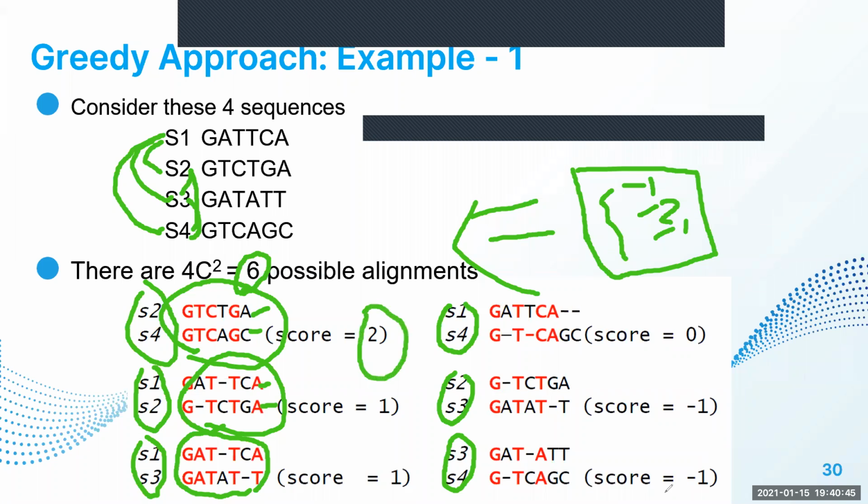You check this one, it has a minus score, which means those 2 are not very similar. Same for this one. This score is 0, then 1, 2. By looking at this, you get the highest value by aligning S2 and S4.